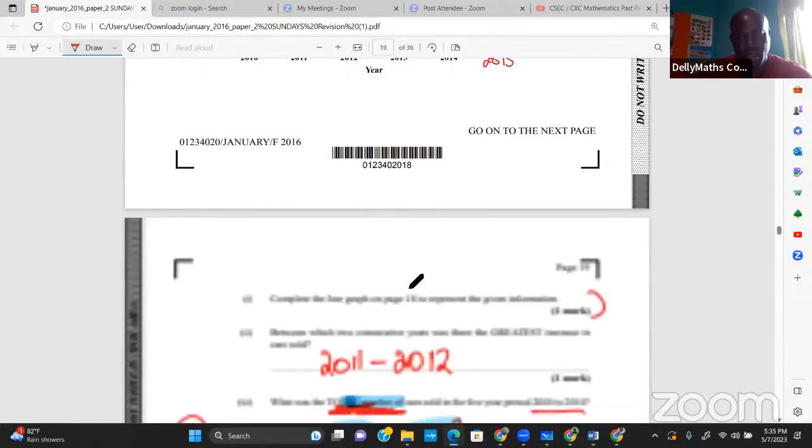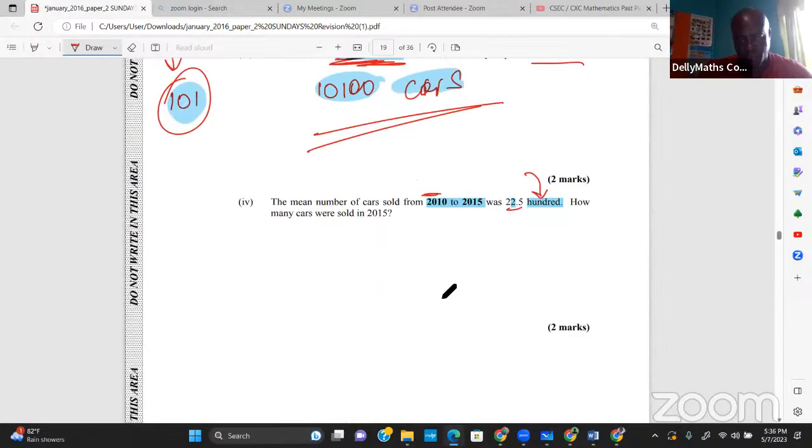Watch this. I am going to turn this into the real number here. 22,500. Allow me to change it into 2,250. This was the average. This is a real number now. But if I want to know the total before I got the average, here's the idea.